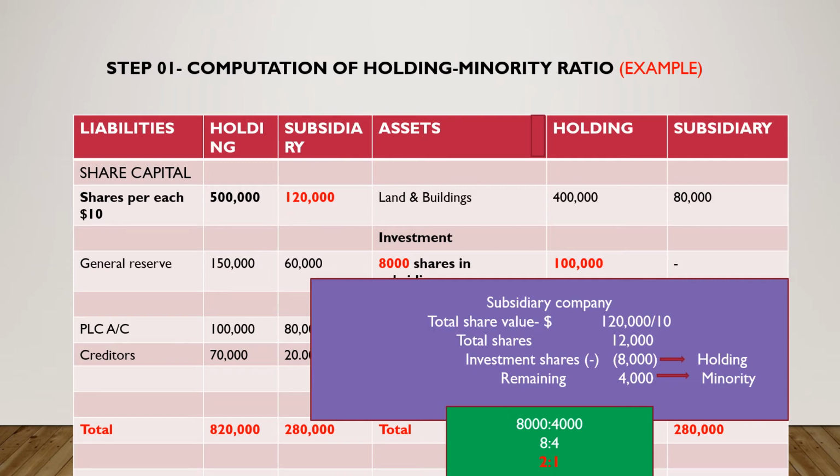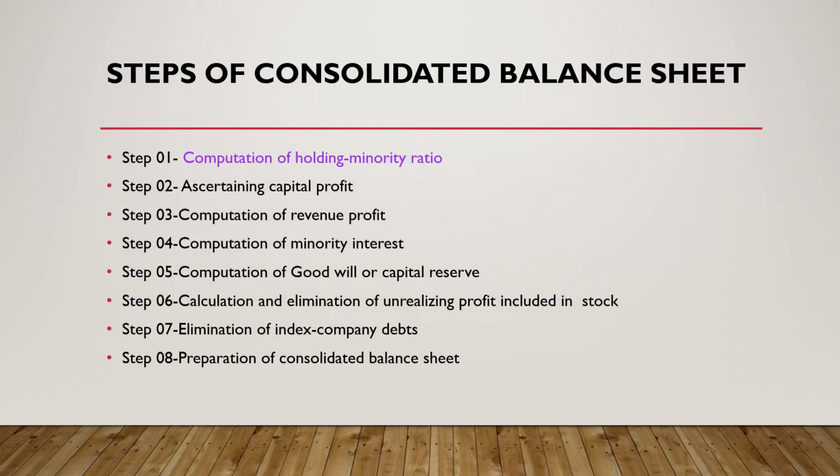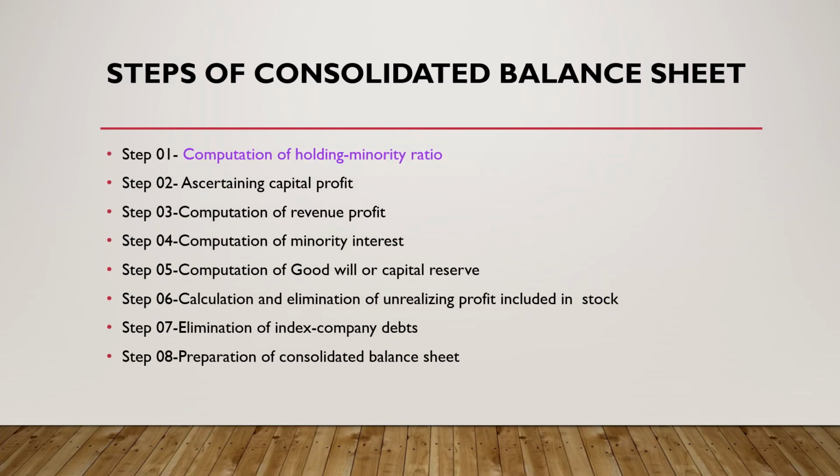All these things will be shared among holding and minority shareholders. So this ratio is very essential for distribution among holding and minority. This is the way to find out the holding and minority ratio. This is the first step, computation of holding and minority ratio.